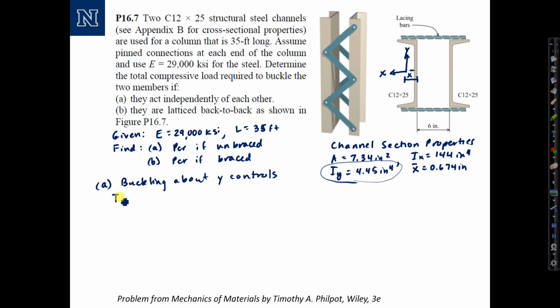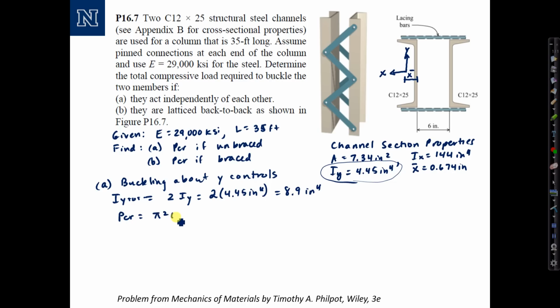And I sub y total simply equals 2 times the given I sub y for that section equals 2 times 4.45 inches to the fourth, and that's 8.9 inches to the fourth. We can use that in the formula for the critical buckling load.